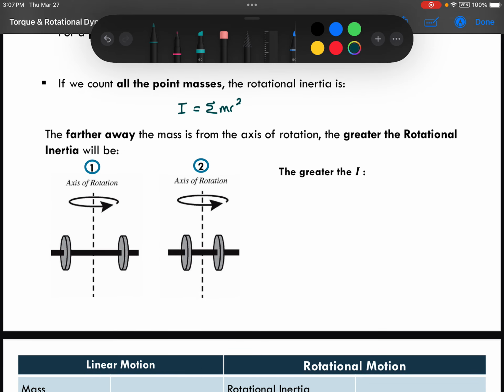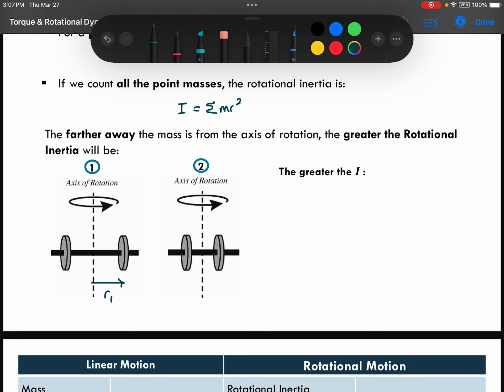The next key idea: the further away the mass is from the axis of rotation, the greater the rotational inertia will be. So in this case, we have two examples. In case 1, we can call this distance r1. We have two masses away from the axis of rotation, and they are both at a radius of r1 away from the axis of rotation.